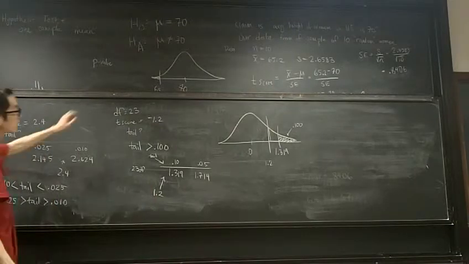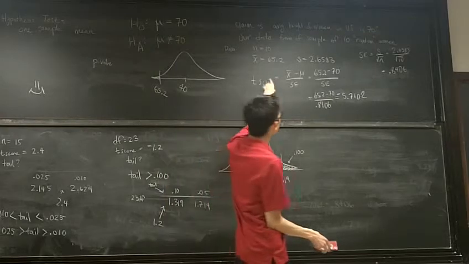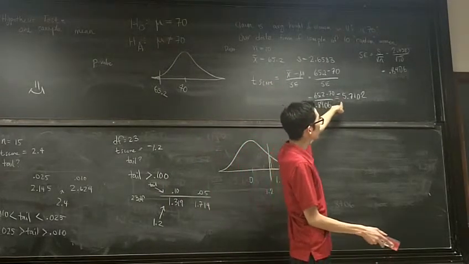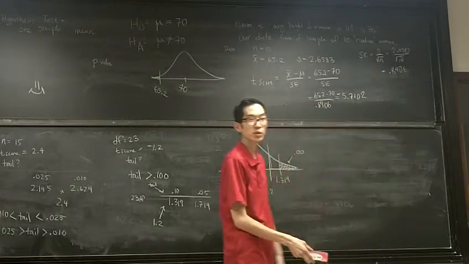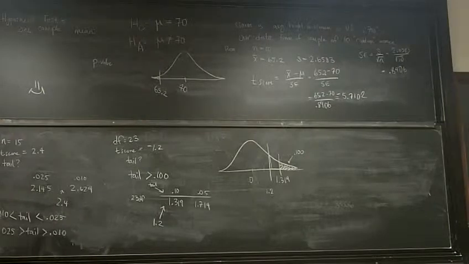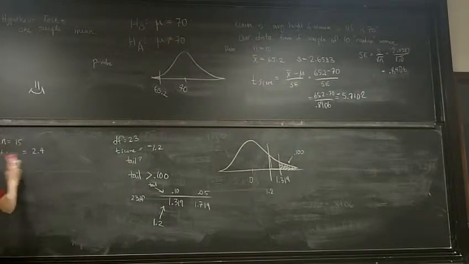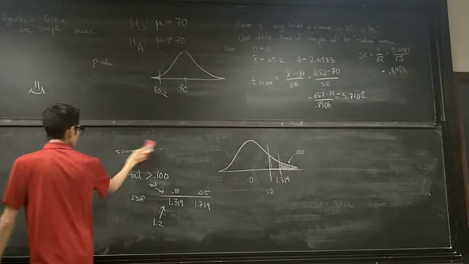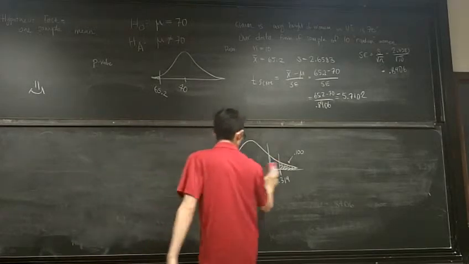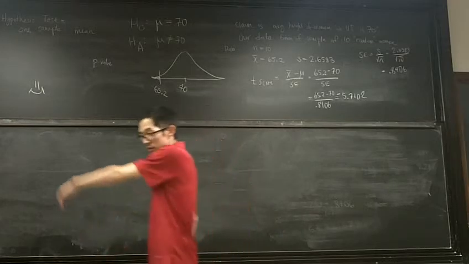Alright, so let's go back to our problem. We did our math, x bar minus mu over the standard error, and my t-score is negative 5.7102. So how much is in my tail? Less than 1%.